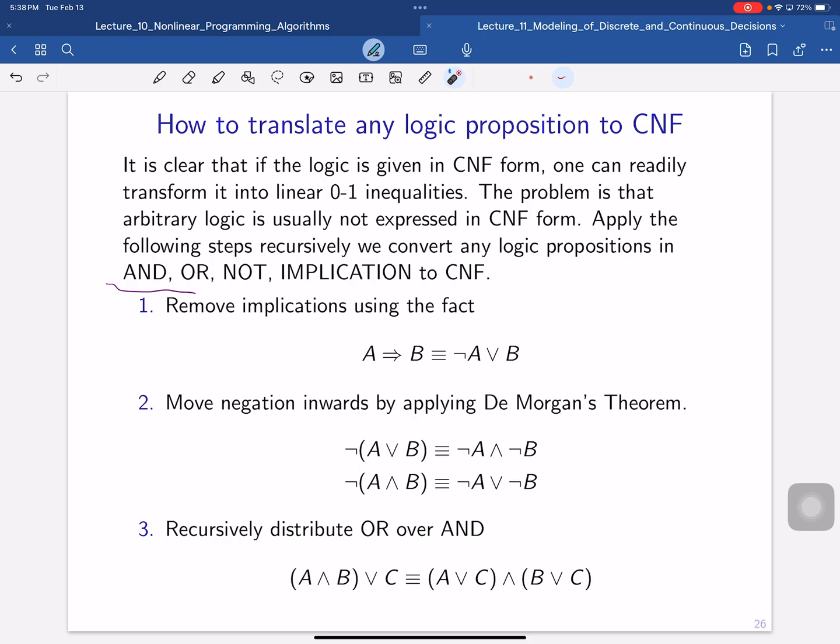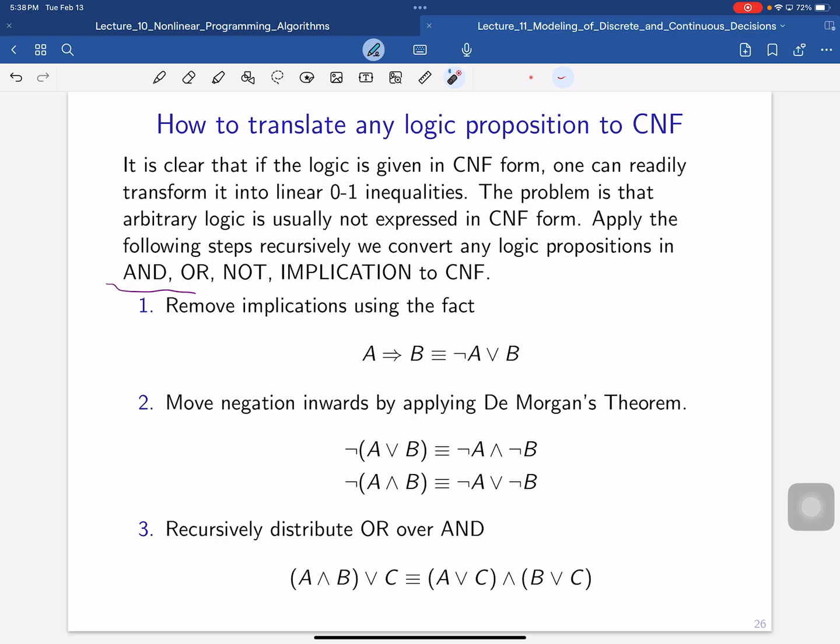Now the other thing we have to take care of is that we have to put the and outside the parentheses. So if you have something like this form here, where the and is within the parentheses, then you can apply this distribution rule to put the and outside, okay?